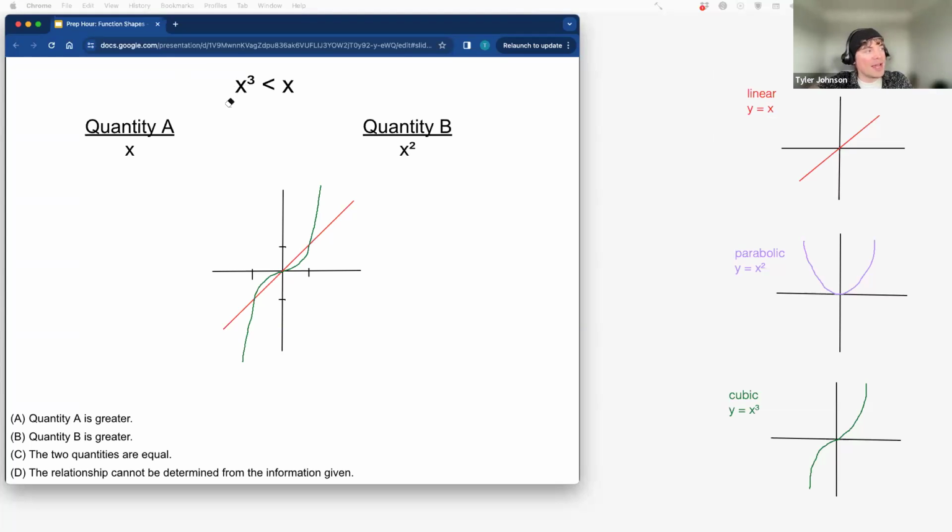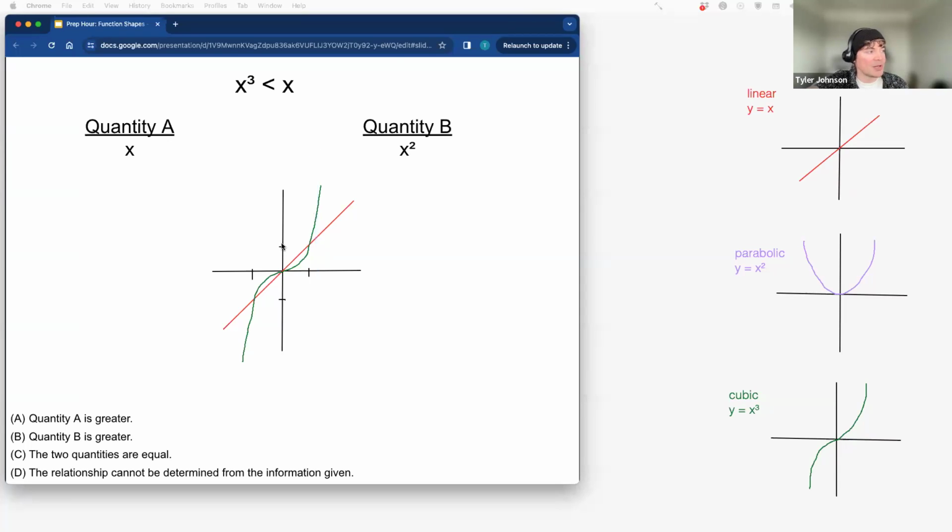Now, where is x cubed smaller than x? In other words, if I just took a single vertical slice of this graph, where is my green line underneath the red line? Well, it's going to happen in a couple spots.